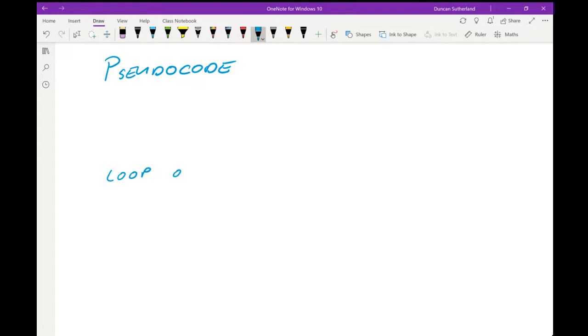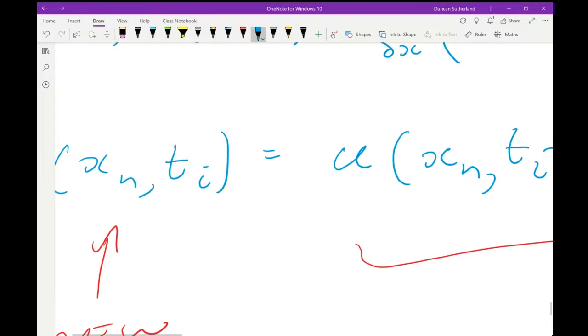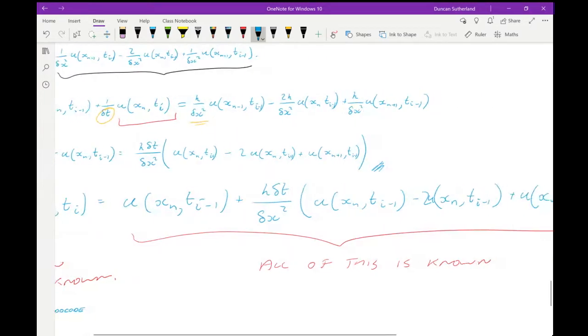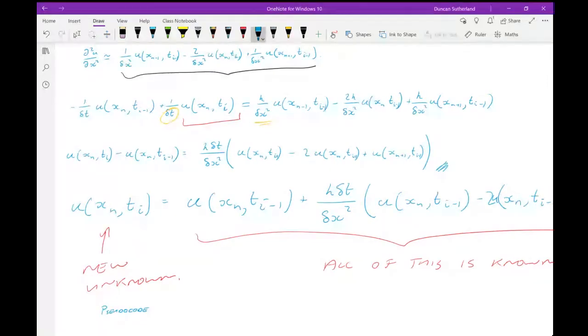Loop over time first, because obviously all of this is at t minus 1, right? So our goal is initially to evaluate this, and then we advance time. So time is going to be the outer of the two loops, right? So we want to solve for all spatial points before we advance in time.